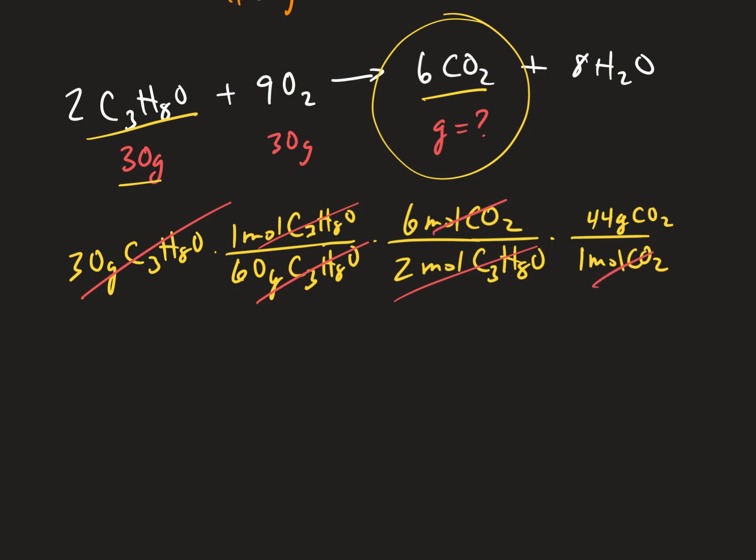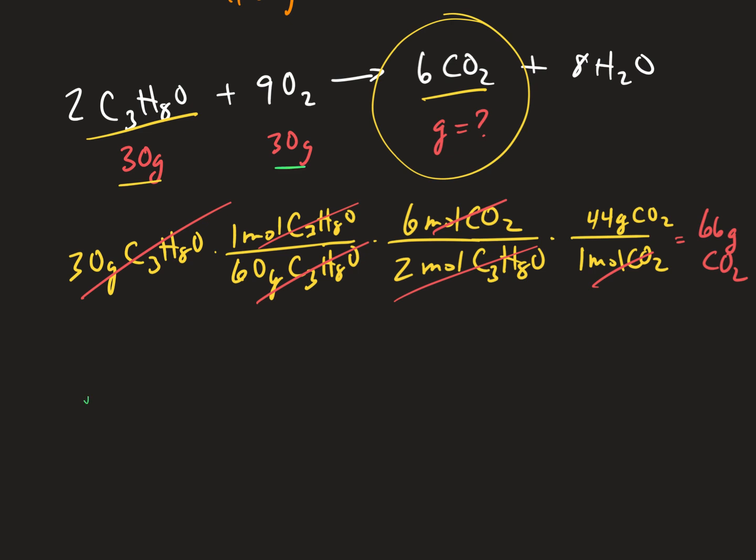And that goes away. And we can figure out the theoretical yield if we use 30 grams of isopropyl alcohol, which is 66 grams of CO2. Is that our answer? We don't know yet, right? We got to do one more.